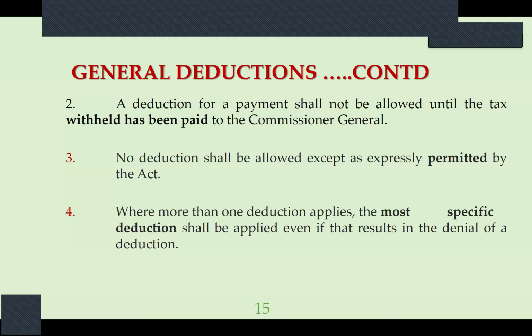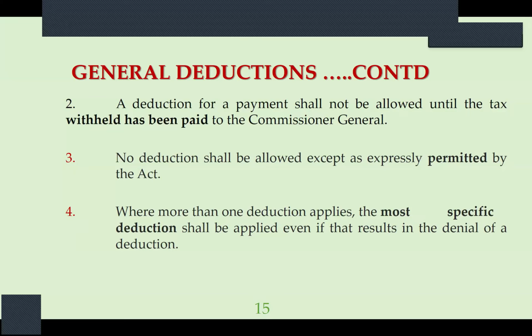When I am paying the rent payment, what do I have to do? If that payment is more than 100,000 per month, I have to deduct 10% as a withholding tax. If I have not deducted that 10% and not paid it to the department, I am not entitled for the deduction of the total rent expenditure I paid.